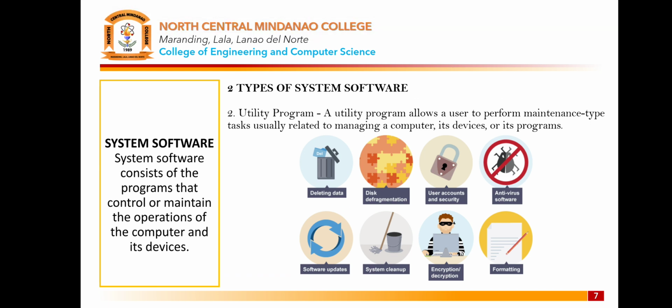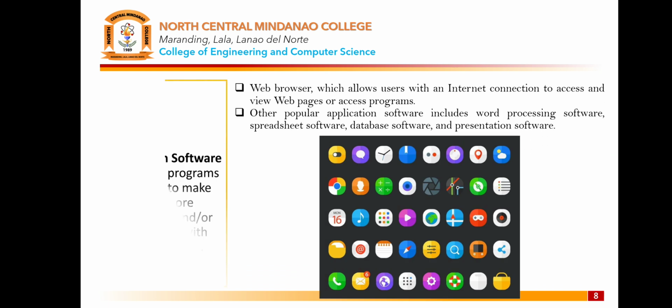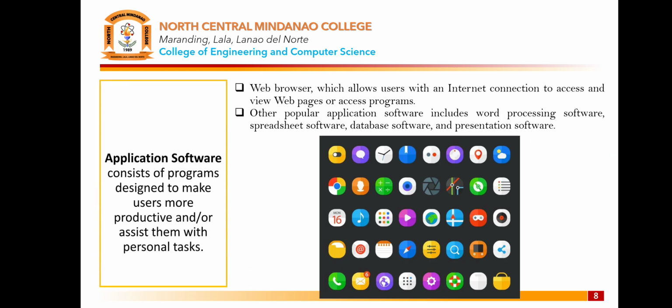Okay, so if we have system software, there is also what we call application software. It consists of programs designed to make users more productive and assist them with personal tasks. So basically it assists when there is a task that a user wants to perform, and the application we use is what we call the application software.